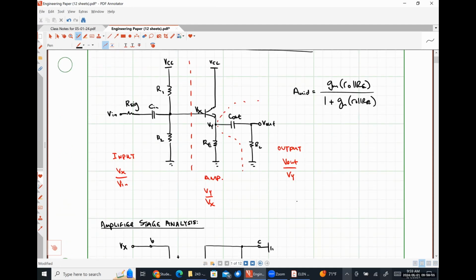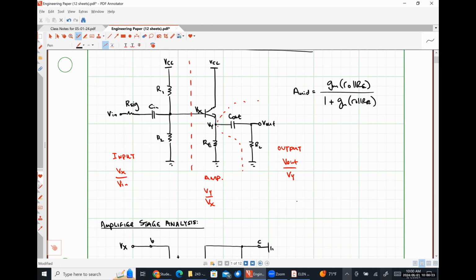I believe that C in on the left-hand side is just going to see R sig. On the right-hand side, it's going to see R1 in parallel with R2 in parallel with whatever we see looking into the base when C out is a short circuit, which means everywhere that we see RE, it's now also in parallel with RL.